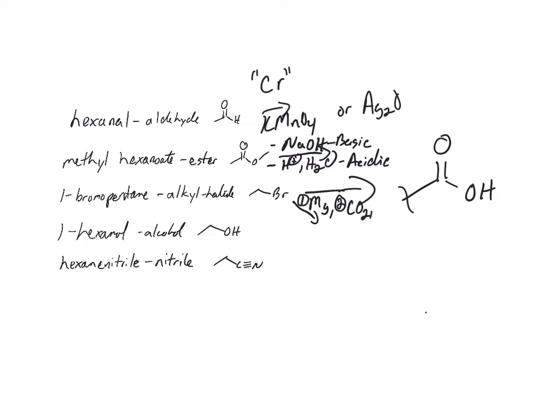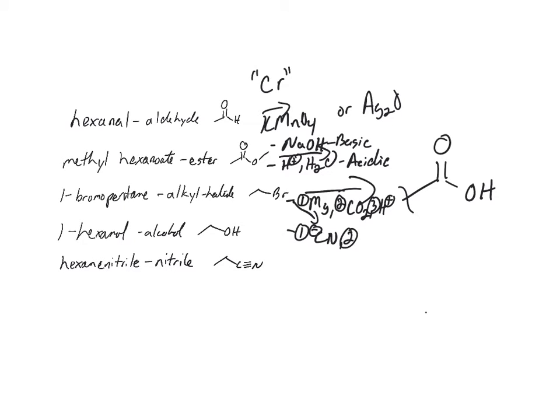And then usually you have to do a step 3, like H plus, to get it protonated. What's another way to turn an alkyl halide into a carboxylic acid? The other way is to add 1 carbon with a nitrile. So that'd be CN minus. And then you need to turn it into the carboxylic acid.